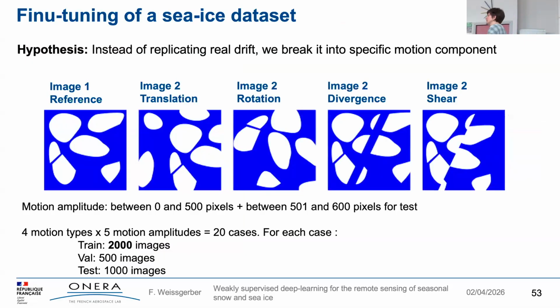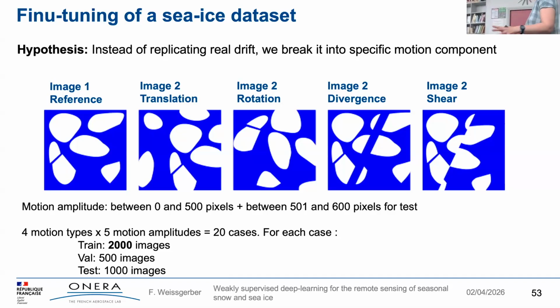And to do so, as Nicola introduced, we use the same philosophy as the Flying Chairs, which is we don't have real flows, so we will be simulating the sea ice drift. But we don't want to have a very complicated model because Flying Chairs has shown that optical flow methods don't need that, basically, and also there is no ocean model working at a 10-meter scale.